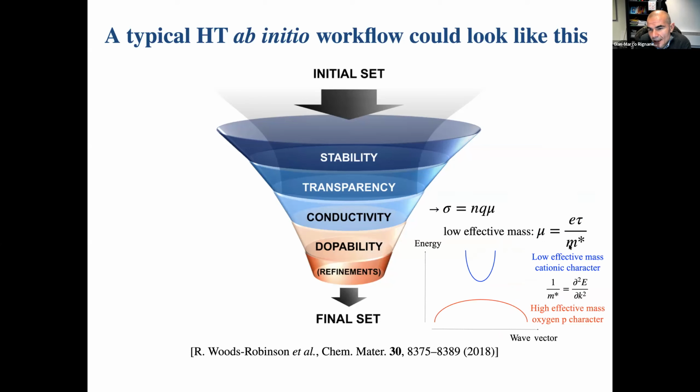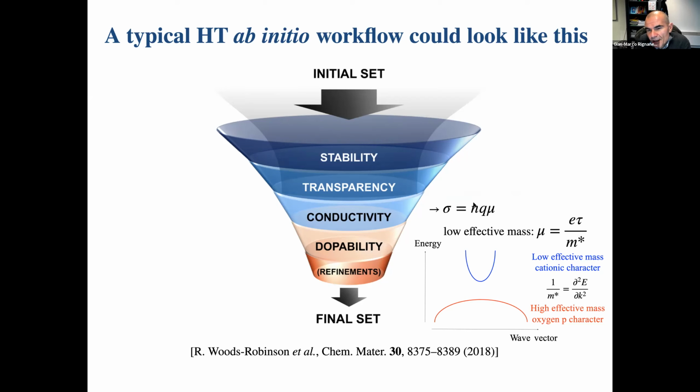So if you look at oxides, typically what you will see is this kind of band structure, meaning that you have a conduction band that is very dispersive, and as a result, the effective mass, which is inversely proportional to the second derivative of the energy as a function of the wave vector k, is low. When you have a very dispersive band, you will have a low effective mass. And if you have a low effective mass, you're going to have a high mobility, and then with a high probability, you will have a good conductivity.